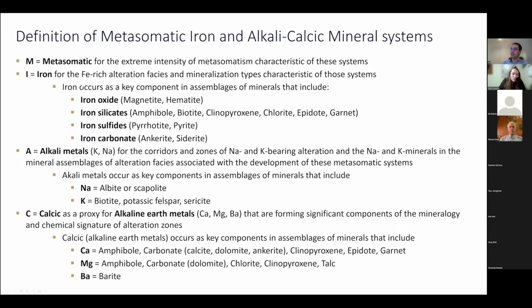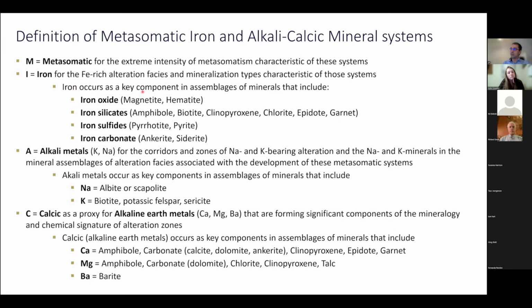Iron is a very ubiquitous and important characteristic of those systems, as the development of iron-rich alteration facies is a very typical attribute. One important thing, though, is that iron can occur as different minerals. Iron oxide is the one we are most familiar with, typically associated with the IOCGs that can form in the system.